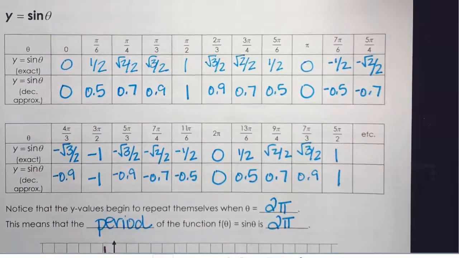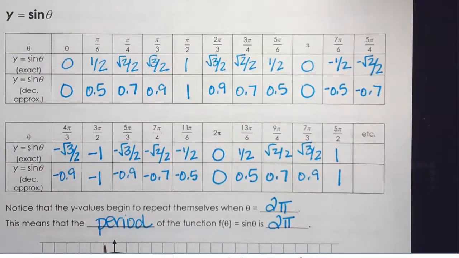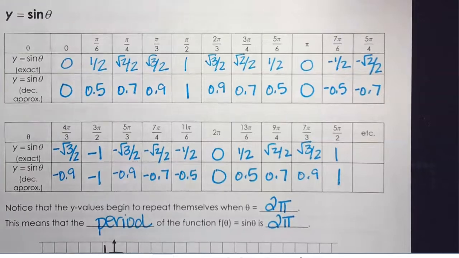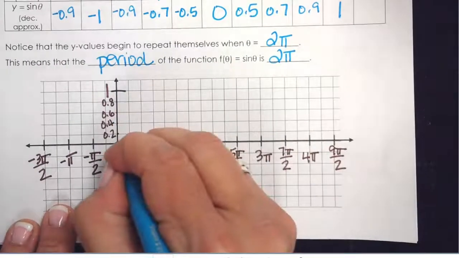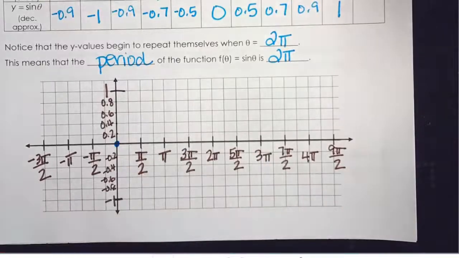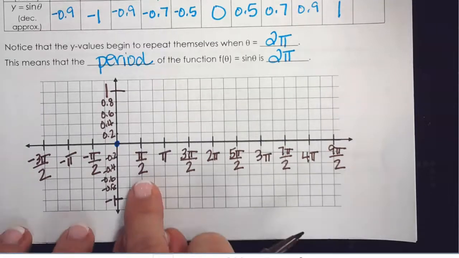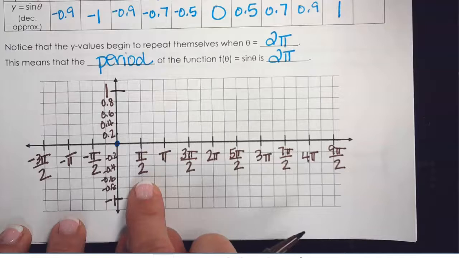So now let's try to plot these points on our graph. We're going to start at 0, 0. The next thing we need to plot is pi/6, 0.5. I want you to think about what pi/6 is in relation to pi/2.